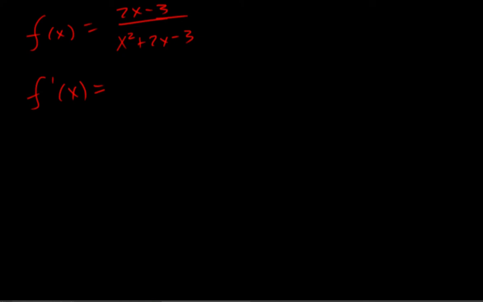So we're going to use the quotient rule. If I call this u and I call this v, u prime is going to be 2 and v prime is going to be 2x plus 2. And if I do the quotient rule, I'm going to end up with this.